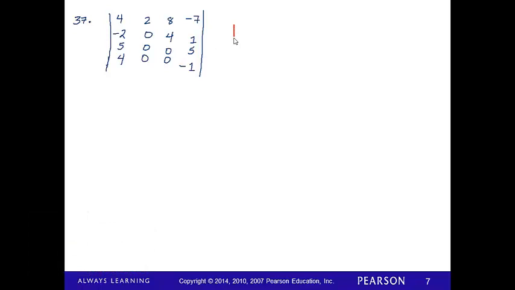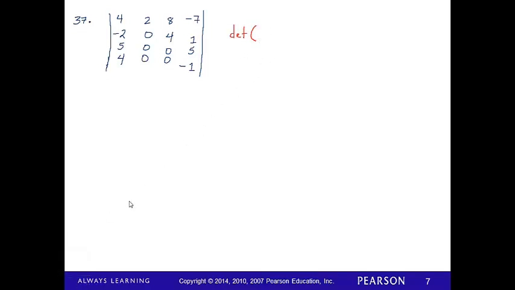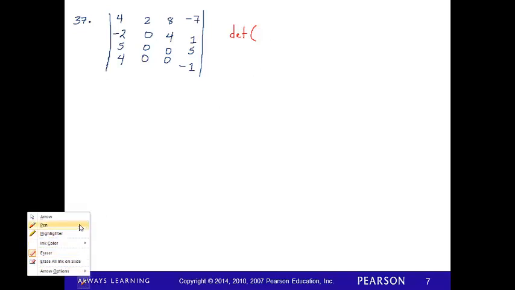You may use your calculator, but for your final, you're going to have to know how to do a determinant for a 2 by 2 matrix by hand. So make sure you're actually practicing by hand for your 2 by 2s.